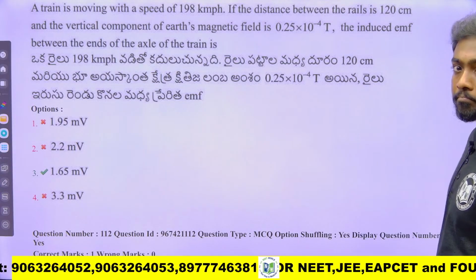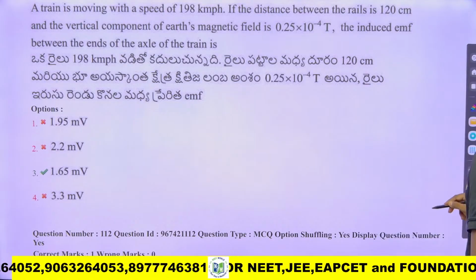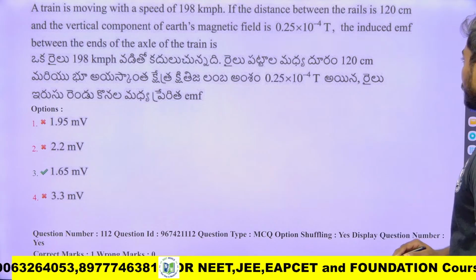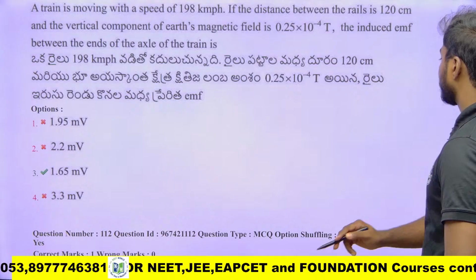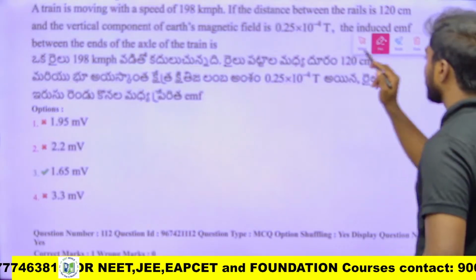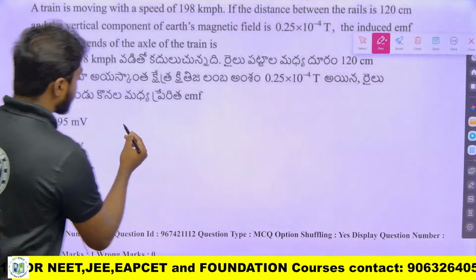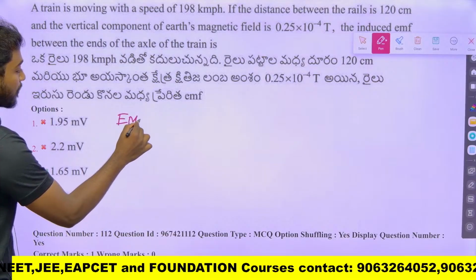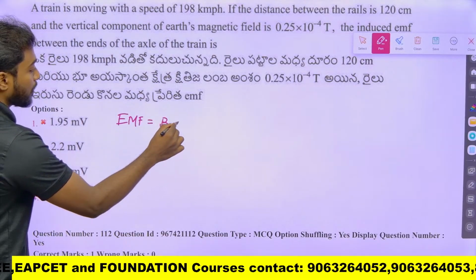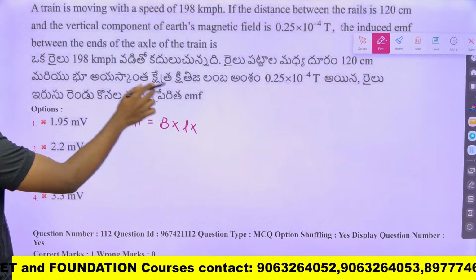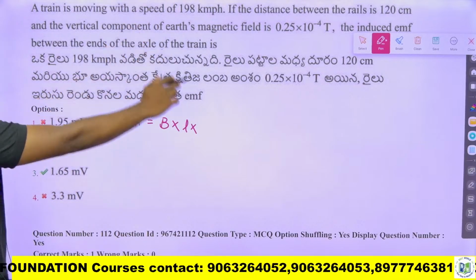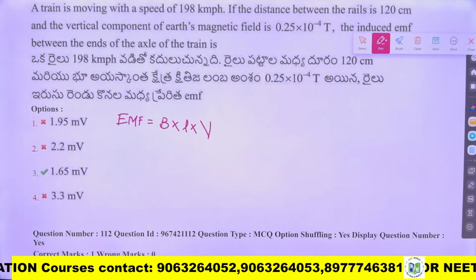I can calculate, no? The EMF formula we know. EMF is equal to B into L into V, that is it, BLV.